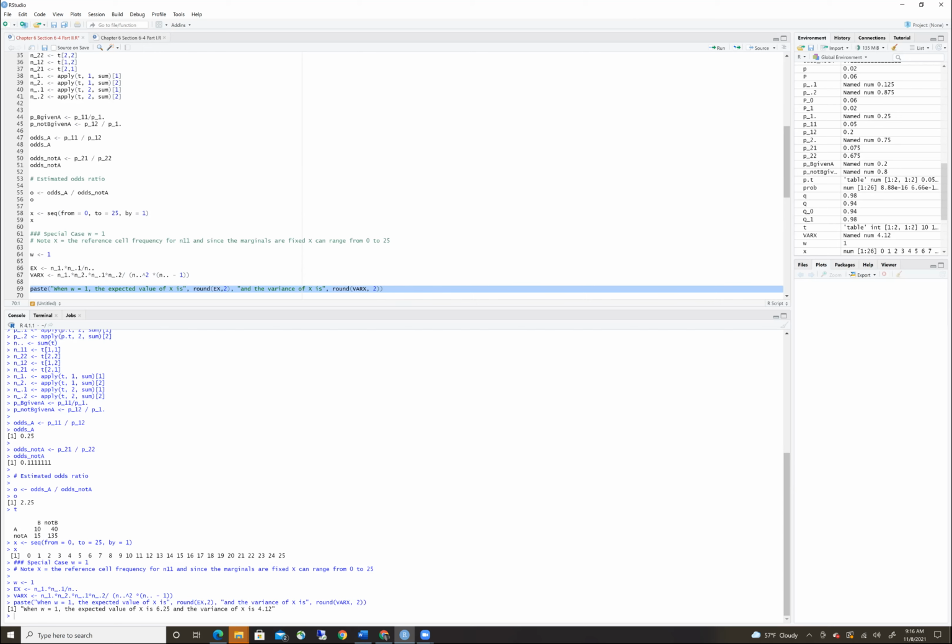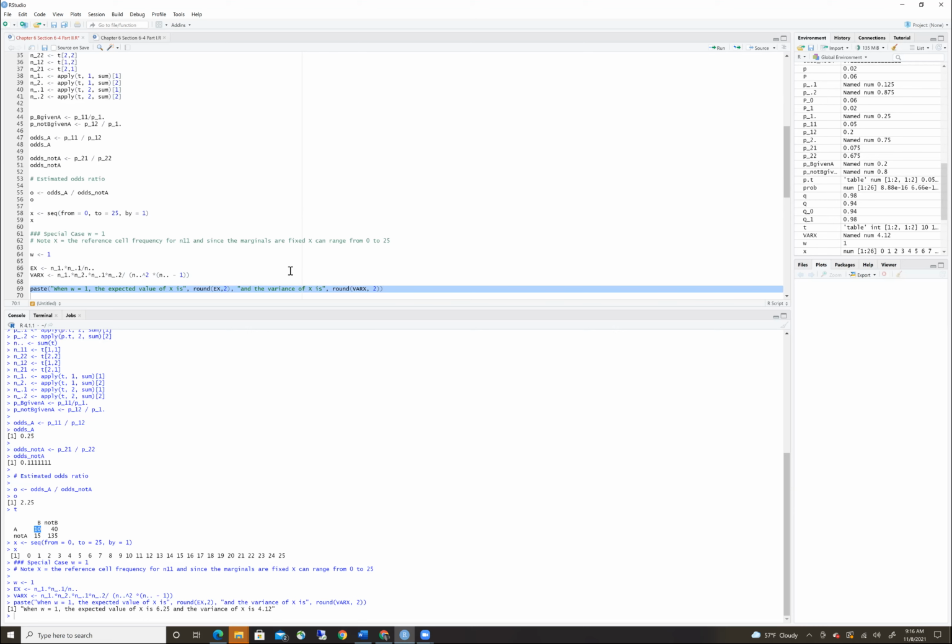So what that means is that if we're looking at this table where the marginals are 50 for the rows and 25 for the columns, then this first cell, I would expect the value to be 6.25. And the variance here is 4.12. So I observe a value of 10, but I expected to see 6.25 if A and B were unrelated.